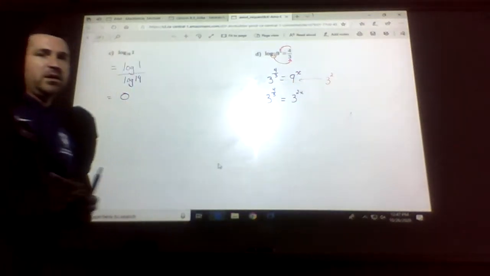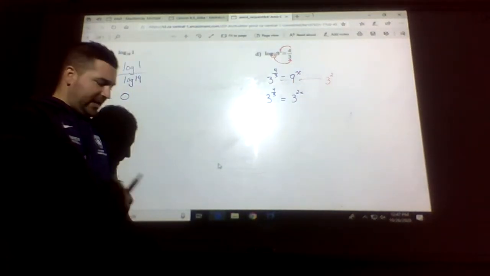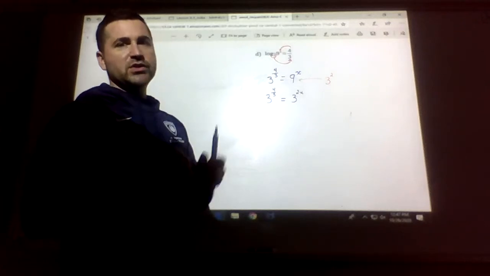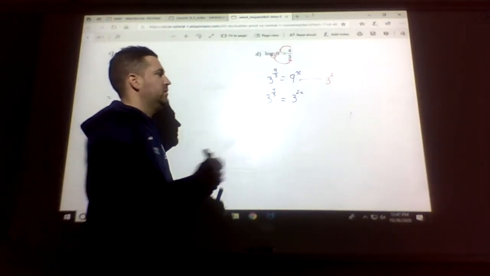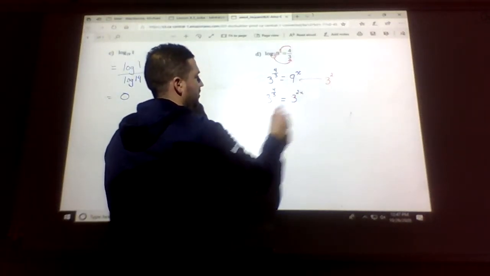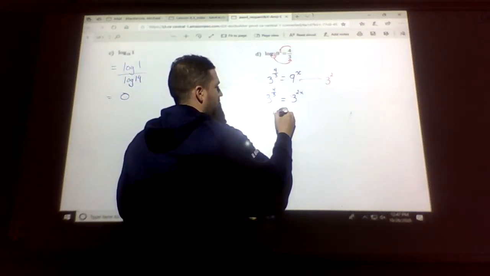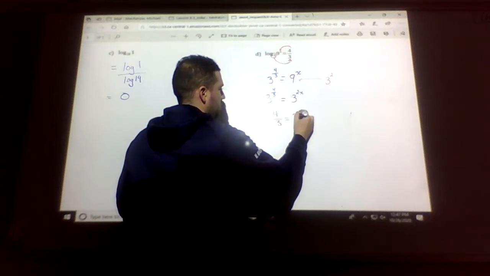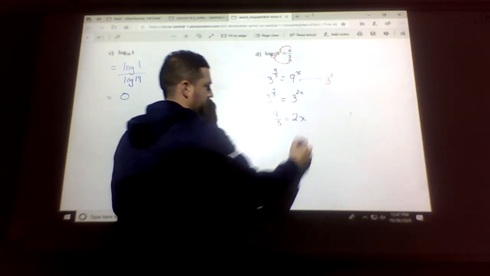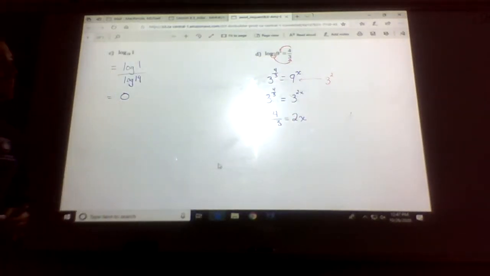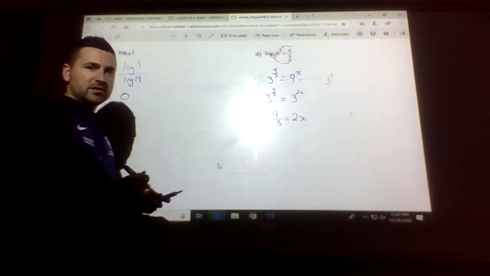Now that we have the same base, we could actually just deal with the exponents themselves. So we're going to cross off the 3's and just deal with the exponents. So 4/3 equals 2x. And now we just isolate for x.